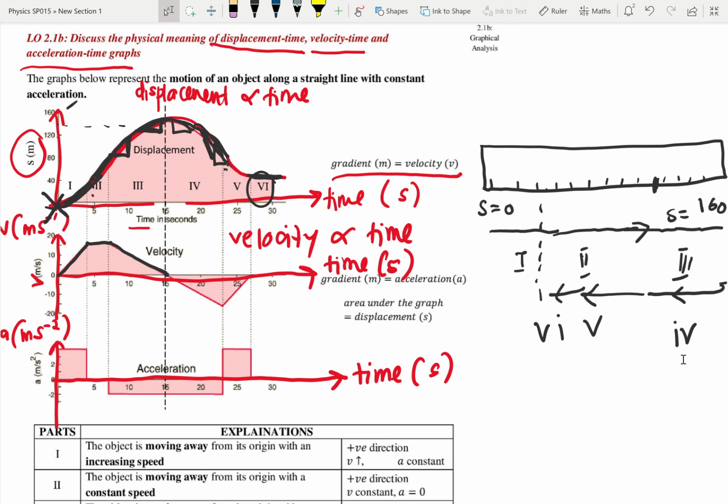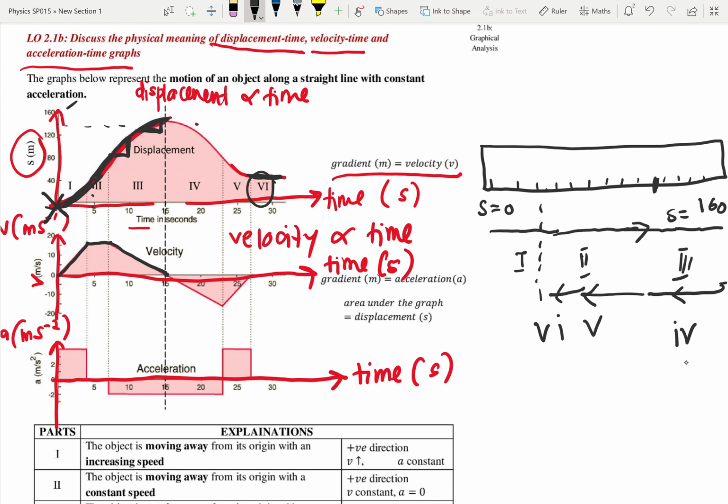So for part 4, the gradient, is it decreasing or increasing? Okay, let us check again.